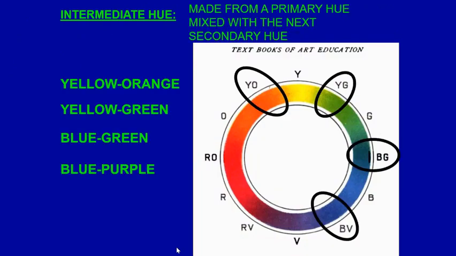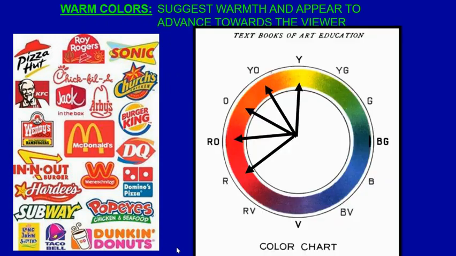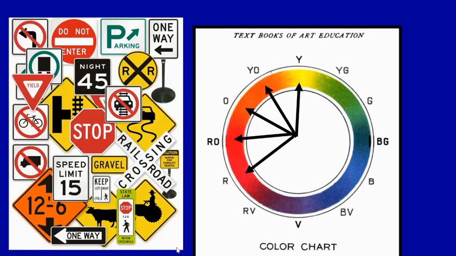All right, I'm going to move ahead to warm colors. Warm colors suggest warmth and appear to advance towards the viewer. So that's why all the fast food restaurants are mostly done with warm colors, because warm colors grab our attention.